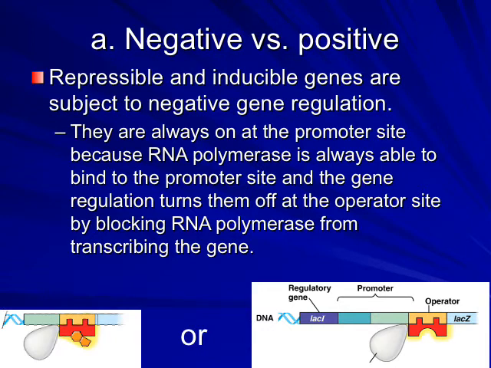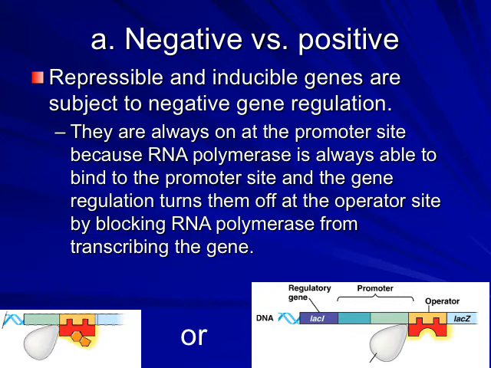So let's talk about negative versus positive. Repressible and inducible genes are subject to negative gene regulation. They are always on at the promoter site because RNA polymerase is always able to bind to the promoter site, and the gene regulation turns them off at the operator site by blocking the RNA polymerase from transcribing the gene.